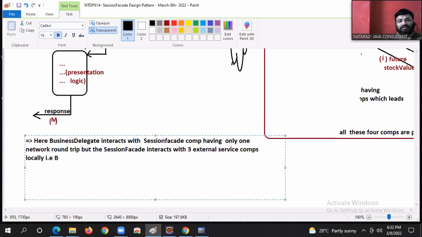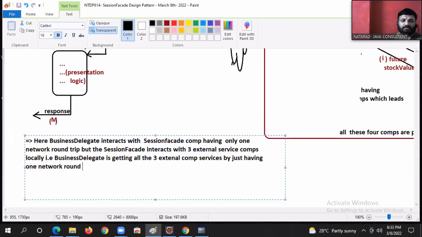That means the business delegate is getting all three external component services by just having one network round trip with the SessionFacade component.